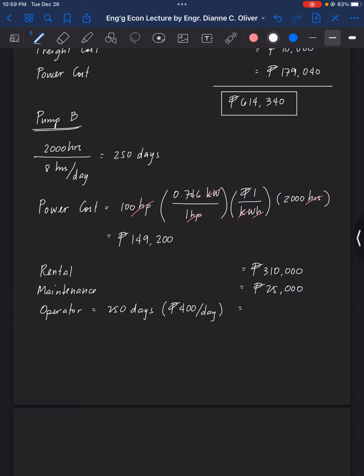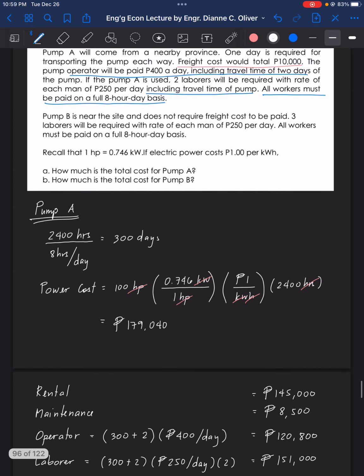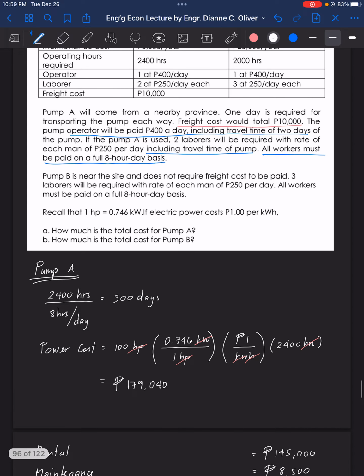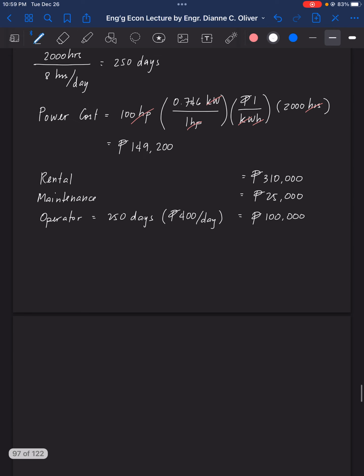So that is 100,000 pesos. So only one operator. How about the laborers? Since there are 3 laborers with 250 pesos per day each. So laborer is 250 days.